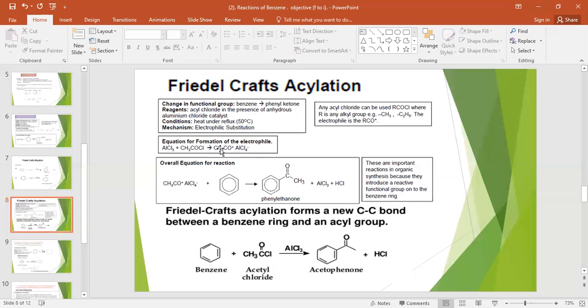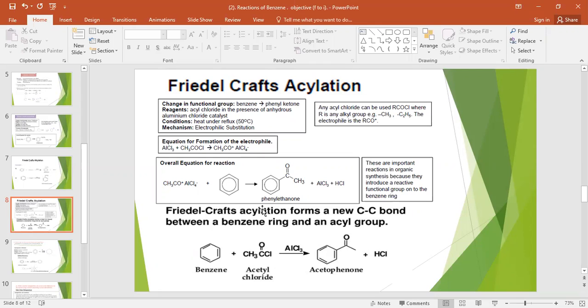And when this electrophile attacks on the benzene ring, this electrophile CH3CO positive will attack on the benzene ring.